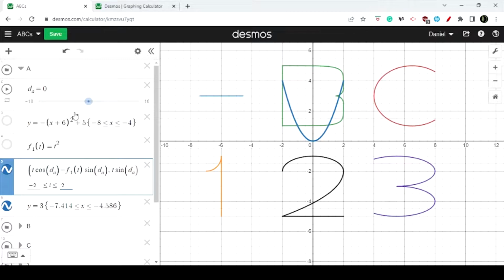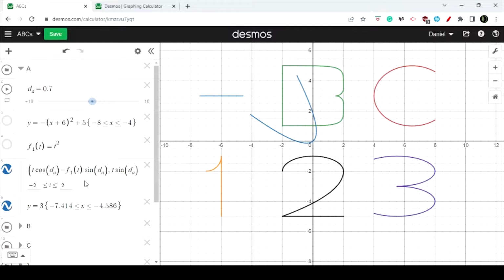Now, how do we get it back to where it was before? Well, before we do that, first I want to demonstrate that this parabola is now rotating with its vertex here as the axis of rotation. So if we now apply the transformations, this is saying move to the left by 6 units.